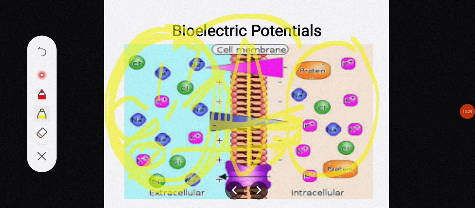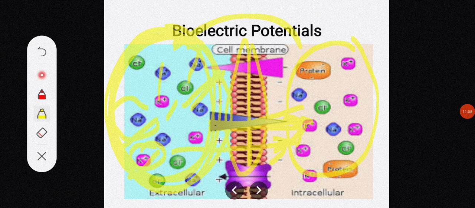So again I am repeating what is happening. First, there are a lot of sodium ions outside the cell, that is, the concentration of sodium ions is more outside the cell, and because of that the positive charge is more outside the cell. Then, to balance the charge across the cell, positive potassium ions will try to rush into the cell, but because of the concentration imbalance of potassium ions, charge balance will not be achieved.